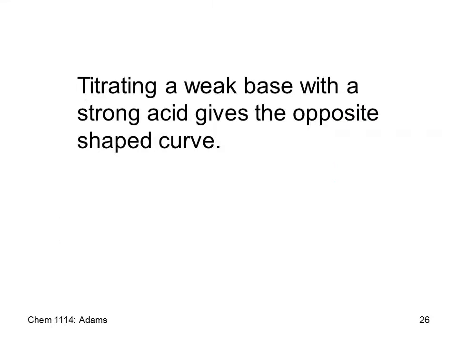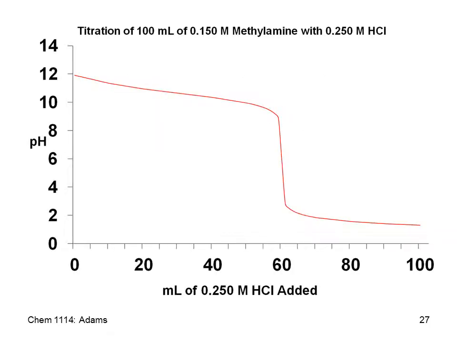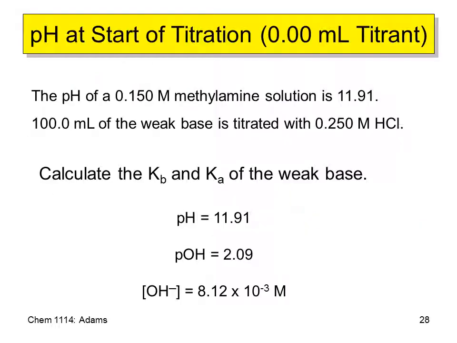If we wanted to titrate a weak base with a strong acid, we're going to get the opposite shaped curve. And that should be the next picture in your lab manual. Looking as such. This one I did methylamine titrated with hydrochloric acid. We're going to calculate 5 points on this curve too.